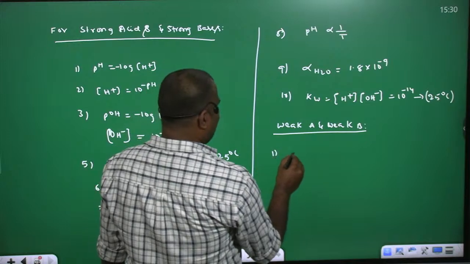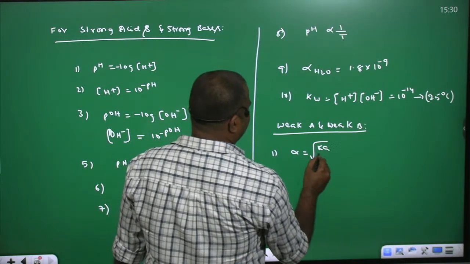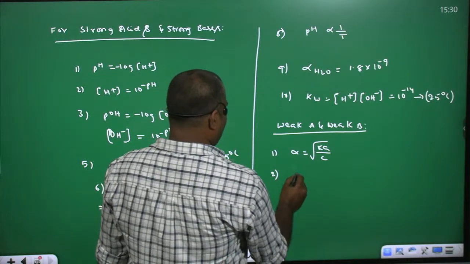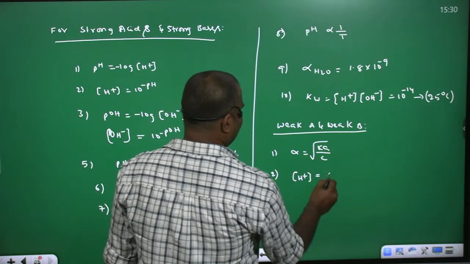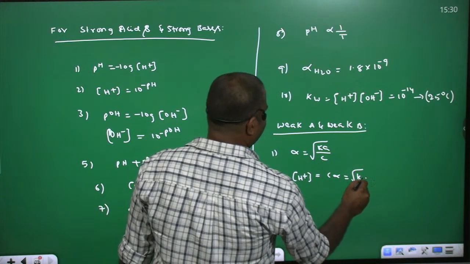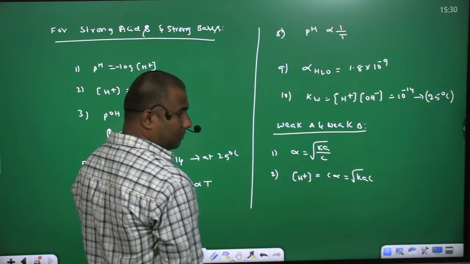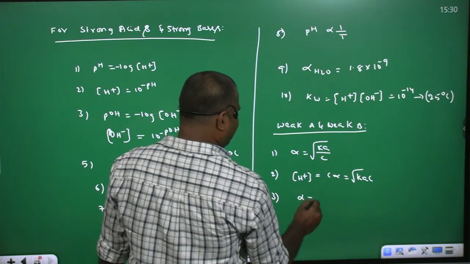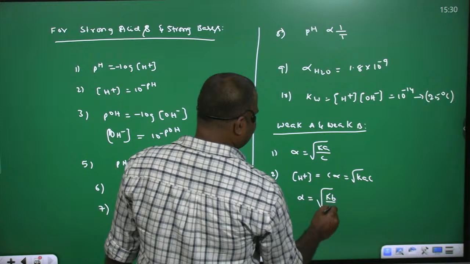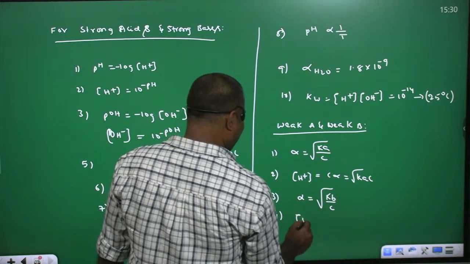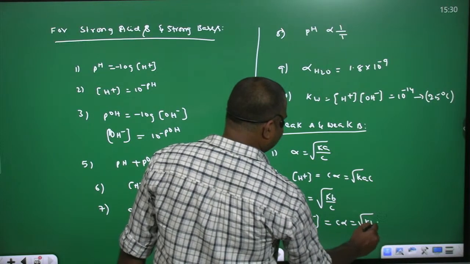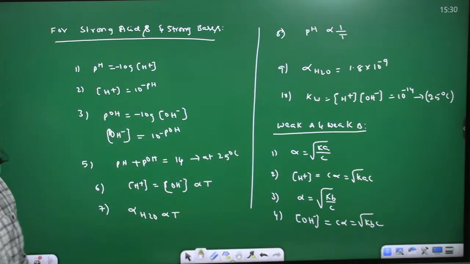First one, alpha equal to root over Ka by C. The second one, H plus concentration equal to C alpha, that equals root of Ka into C. Third one, alpha for bases is root over Kb by C. So concentration of OH minus equals C alpha, that equals root of Kb into C, where C is concentration.